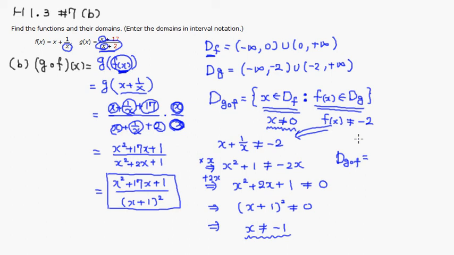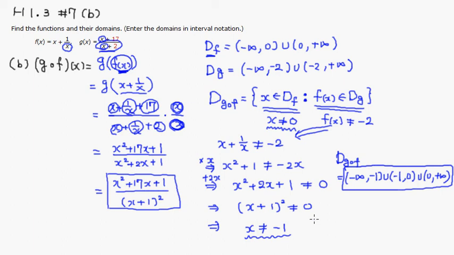We should write it as negative infinity to -1, skip -1, and go all the way to 0, skip 0, and go to positive infinity. This is the domain of the composite function g of f. I hope this was clear.